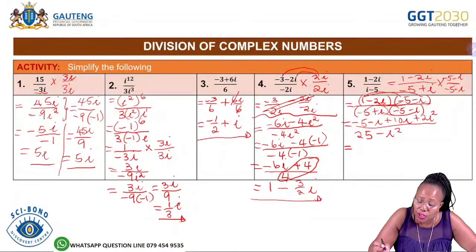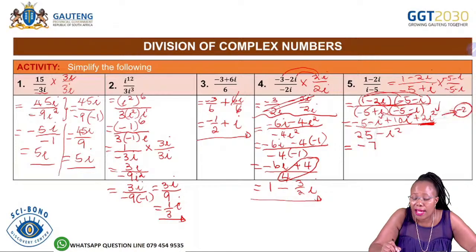So continue, grade 12. Remember this one, i squared will be negative 1. And then 2 times negative 1 will be negative 2. So this negative 2 added to minus 5 there will give us a minus 7. And then the minus i plus 10i will be plus 9i.